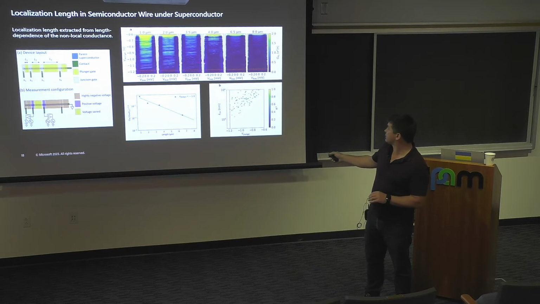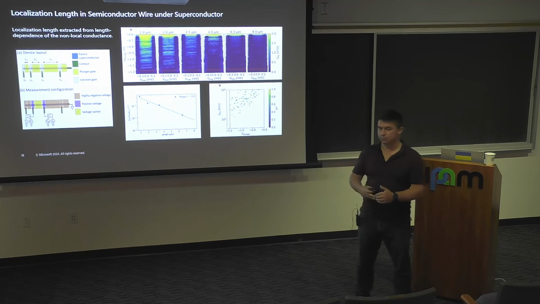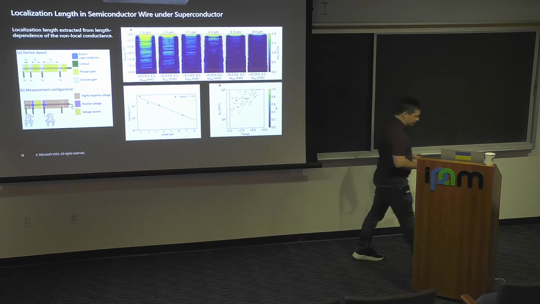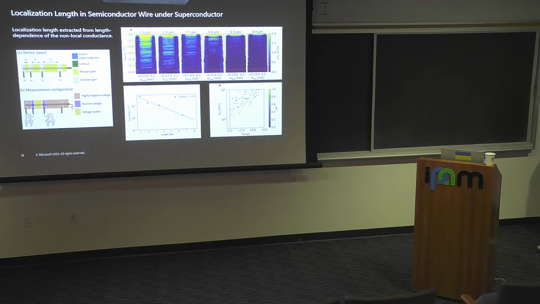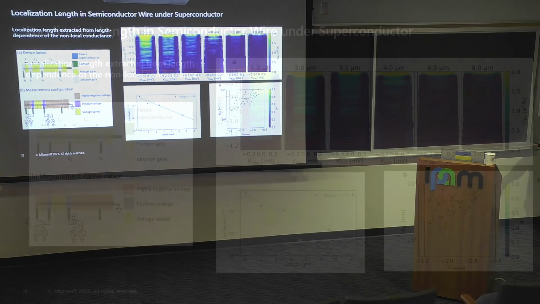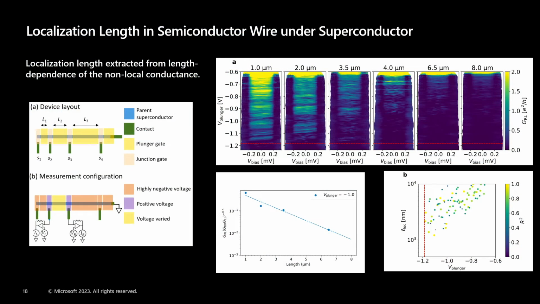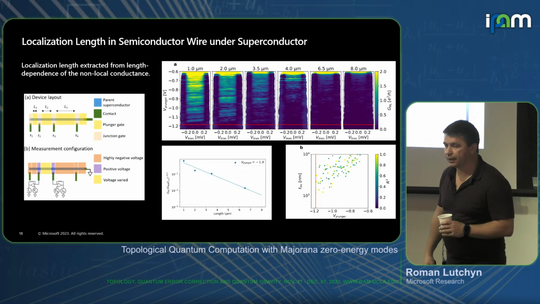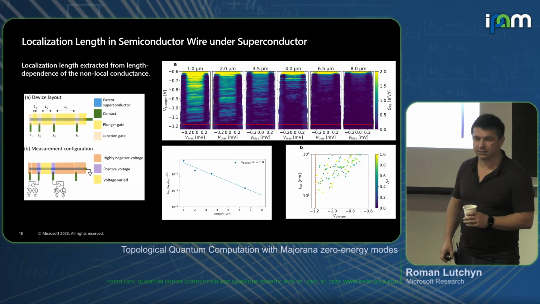And you can see how things decay. When you have more subbands, the signal does not disappear that fast, so it's more robust because you simply have more channels to propagate. So when all is said and done, we look at a particular gate voltage, then look at the scaling with a system of lengths, and then we extract localization lengths using a typical non-local conductance value.